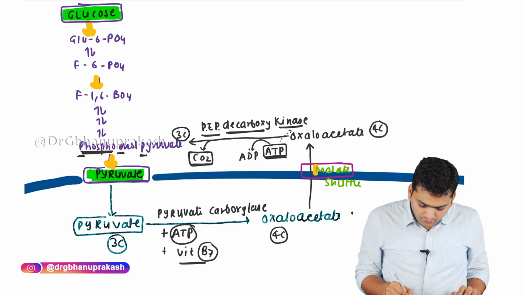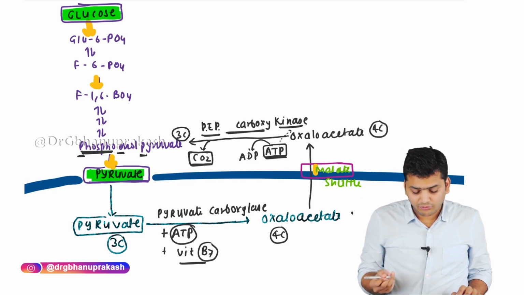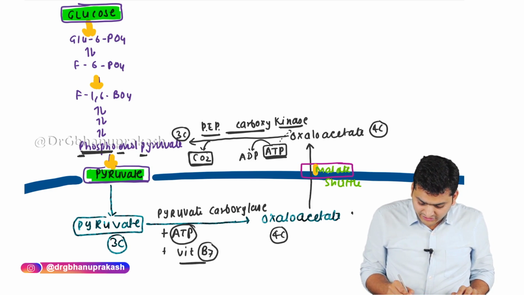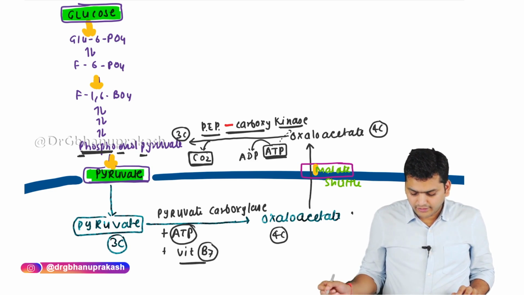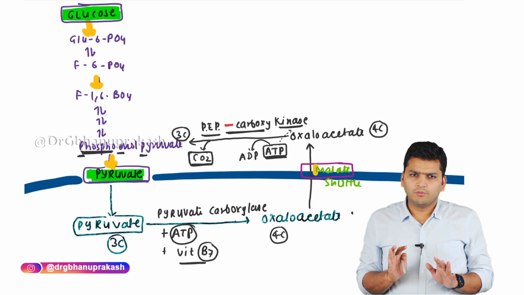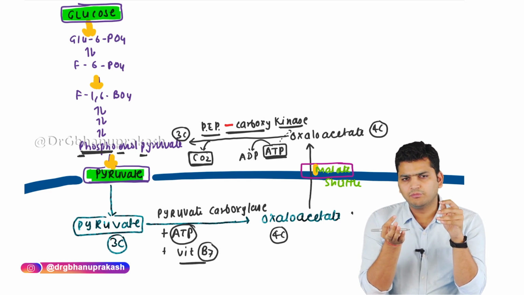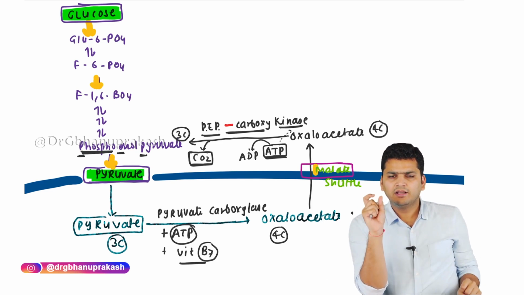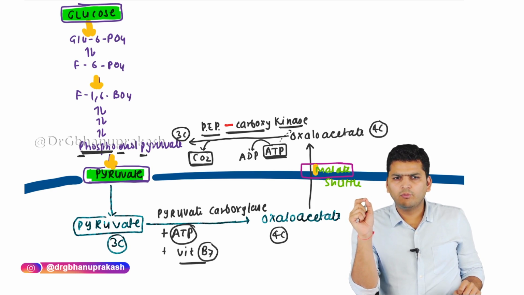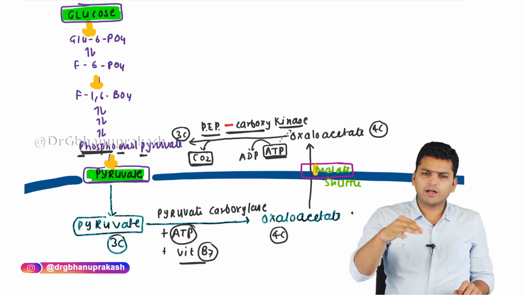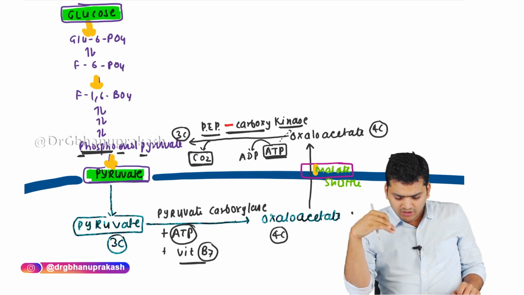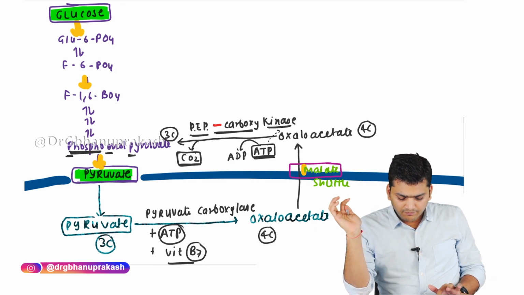Although we are doing decarboxylation, in the literature it is written as phosphoenol pyruvate carboxykinase. It is a misnomer, but we have to remember it that way. You are going to remove a carbon dioxide and transfer a phosphate. So this is how we bypass the first hurdle.